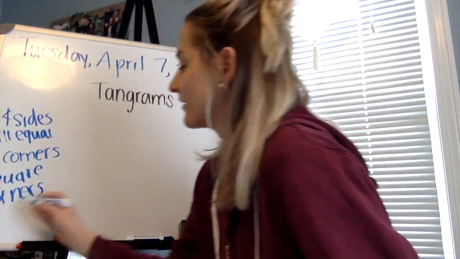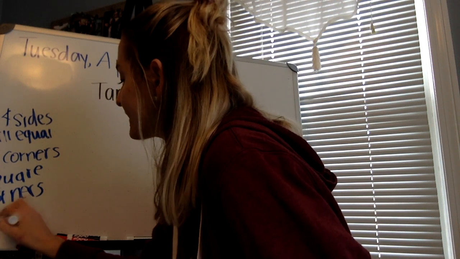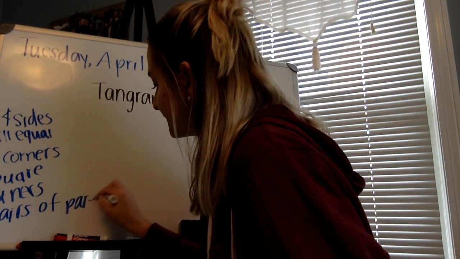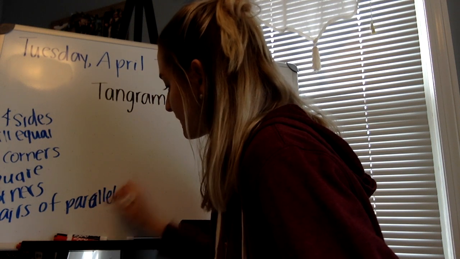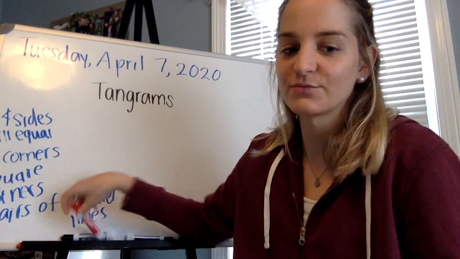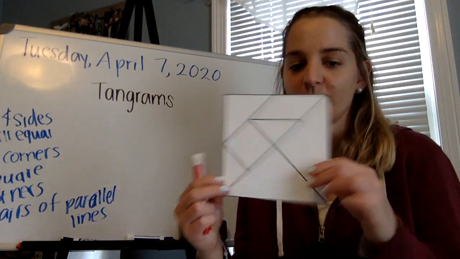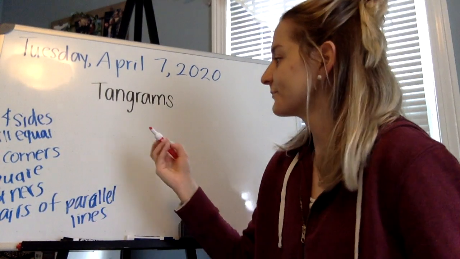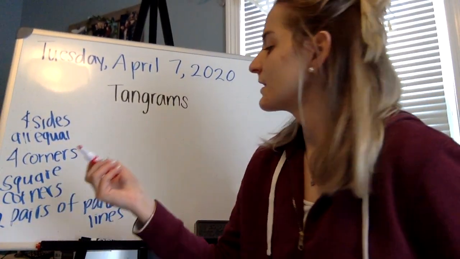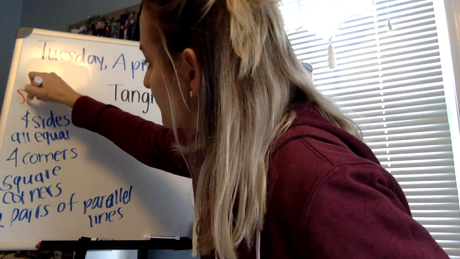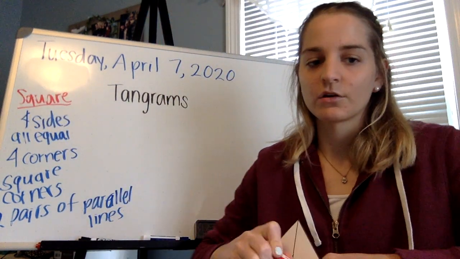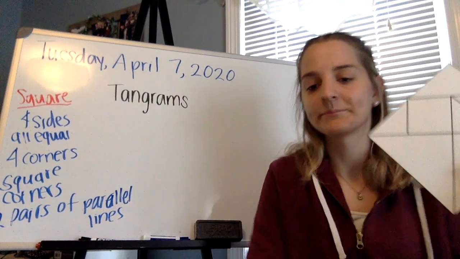So there are 2 pairs of parallel lines. So what shape do we have here before I cut it up? We have, sorry you can't see all of it, a square.